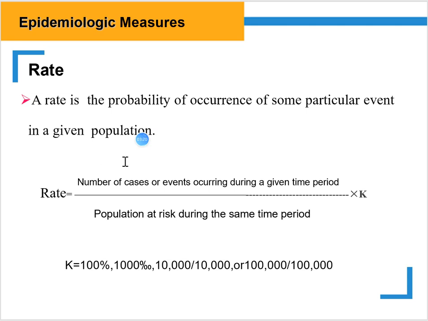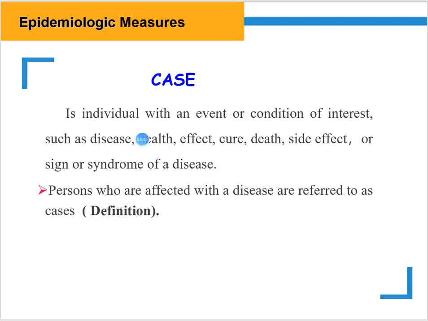K-value may be percent, 1,000 per 1,000, 10,000 per 10,000, and 100,000 per 100,000, etc. Pay attention to the denominator contains the numerator, and the numerator comes from denominator. What's case?